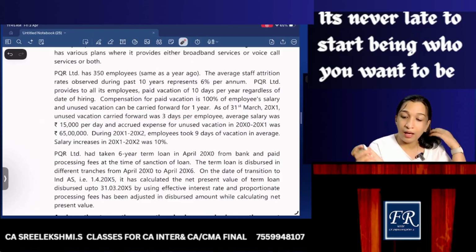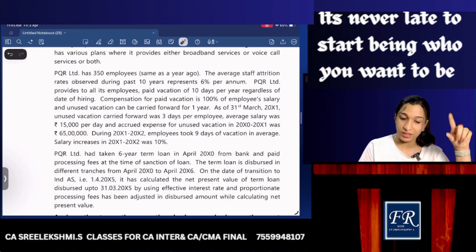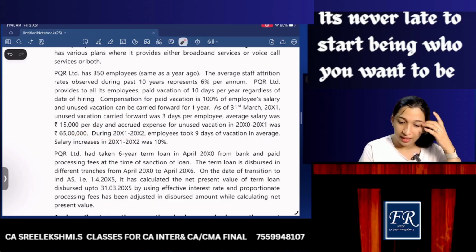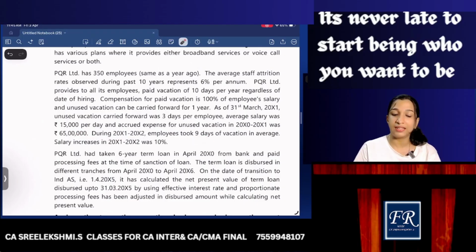And average salary is 15,000 per day. And accrued expense for unused vacation in 10-11 is 65 lakhs. So this is last year's. During 11-12, this is the current year, employees took 9 days of vacation on average.